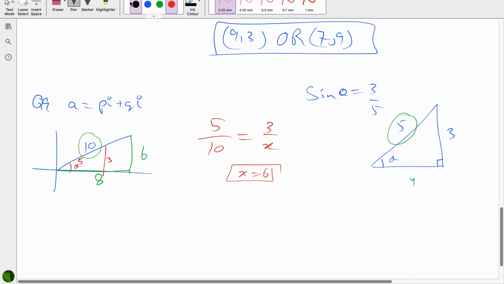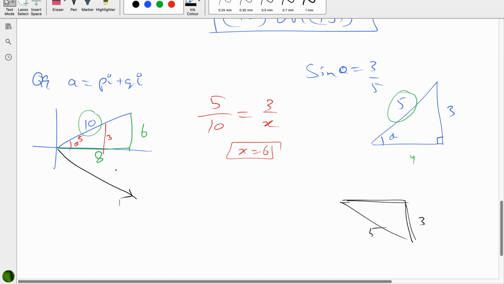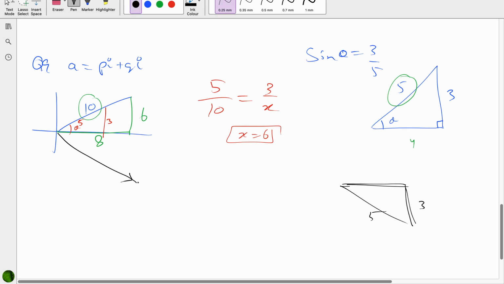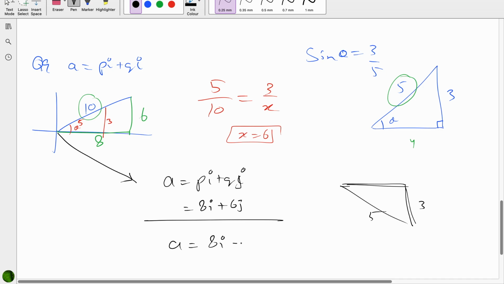And the other possible value is if you draw it below the positive x-axis, and you consider this 5 and 3 again, so this would be in this direction, makes no change in x but in y. So the first possible value of A is 8i plus 6j. The second possible value is 8i minus 6j.